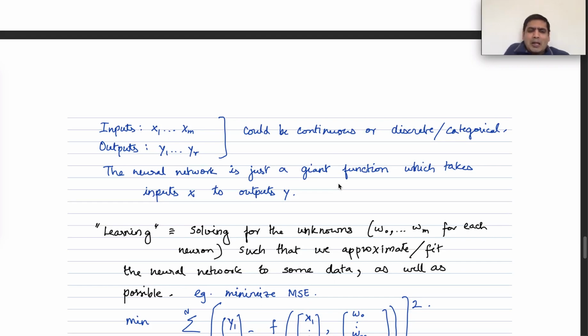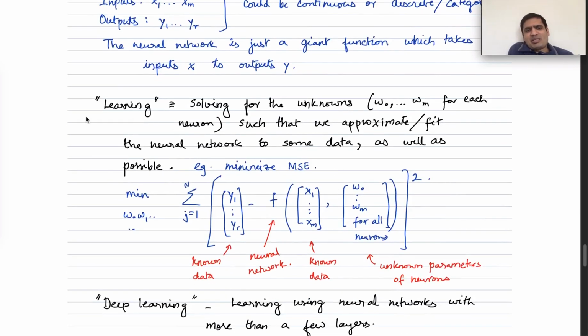Okay, that's all it is. And what we mean by learning in this context of neural networks is actually solving for the unknowns, W0, W1, Wn for each neuron. So these numbers will be different for each neuron, such that we approximate or fit the neural network to some data as well as possible.